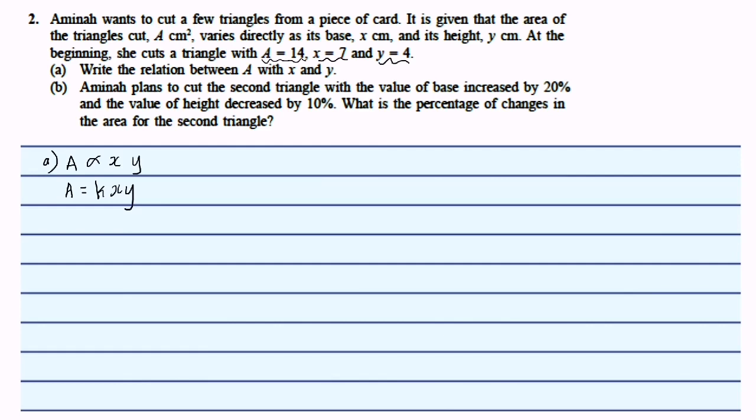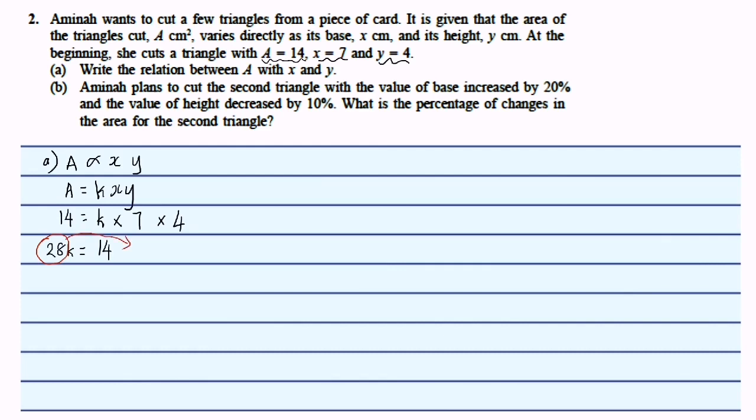So A equals 14 equals K times S, which is 7, times Y, which is 4. 28K equals 14. So now we want to find the value of K. So we move the number 28 to the opposite side.